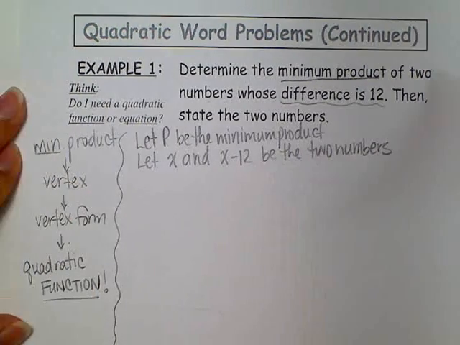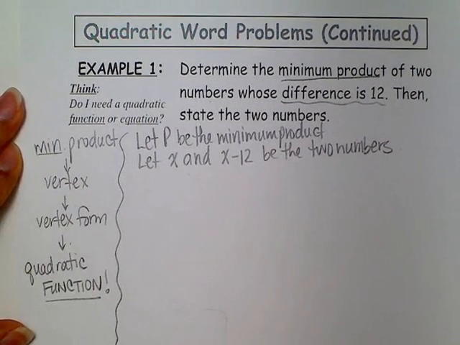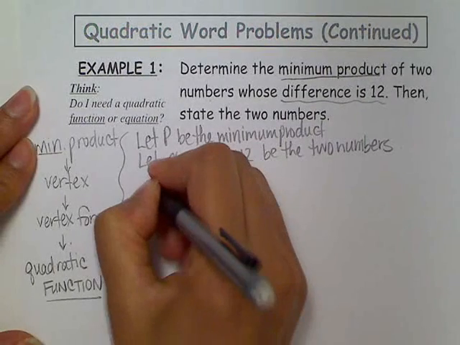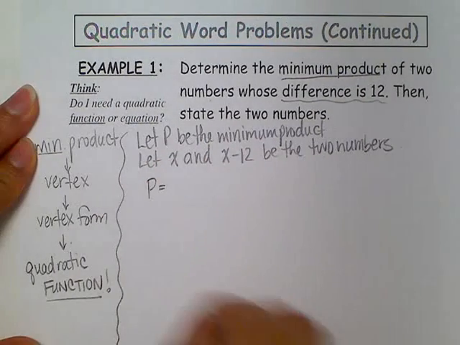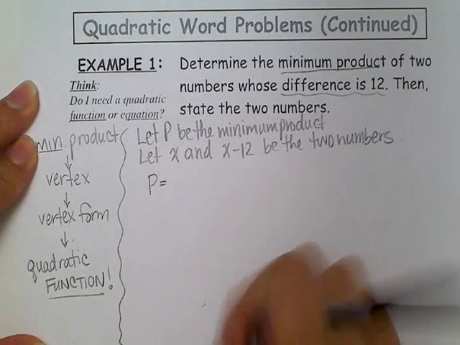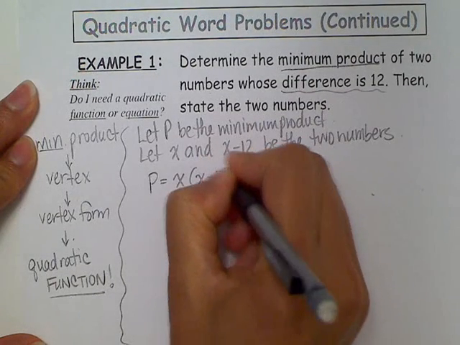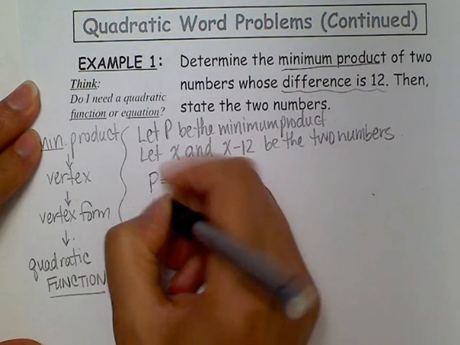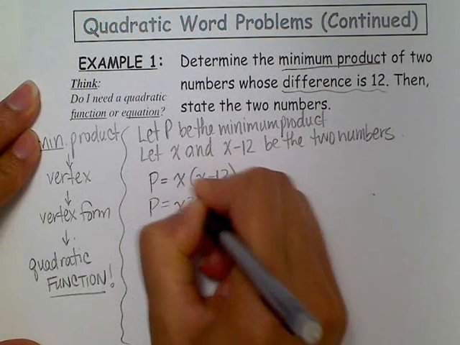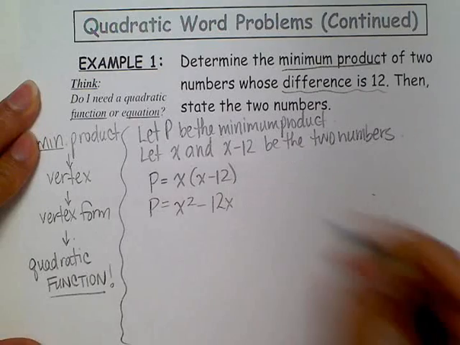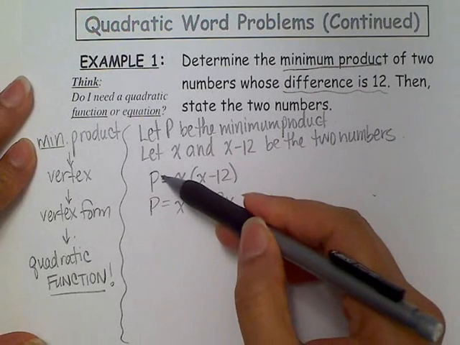So difference means I'm subtracting, so I have x and x minus 12 as my two numbers. Now if I'm looking at a product, I know product is when you multiply terms together. So if I'm looking at the product of two numbers, I'm looking at x times x minus 12. And so if I expand and simplify the right hand side, I get x squared minus 12x.